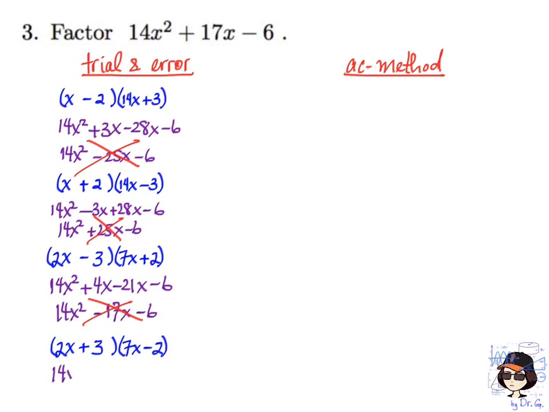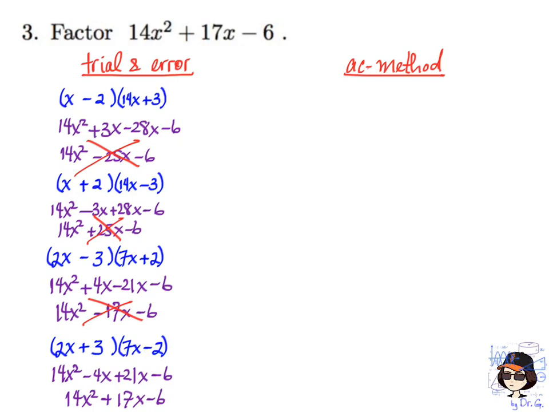We multiply this together, we get 14x squared minus 4x plus 21x minus 6. And voila, we do get a 17x in the middle. There are several more possibilities that I didn't try.